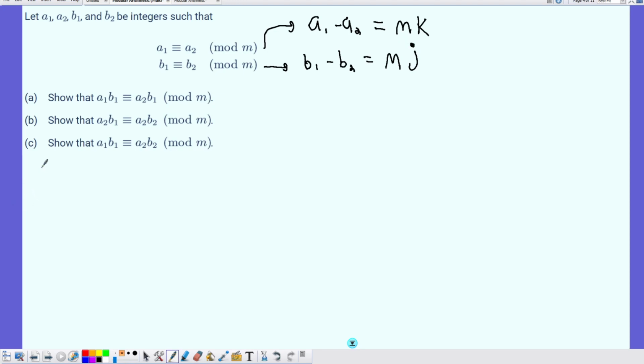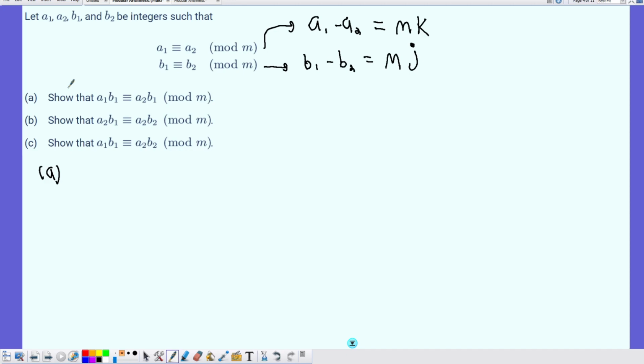So now let's work on part A. Part A states to show that A1 times B1 is congruent to A2 times B1. So just looking at this, I have A1 and A2 on both sides of the congruency statement, and B1 is on both sides.